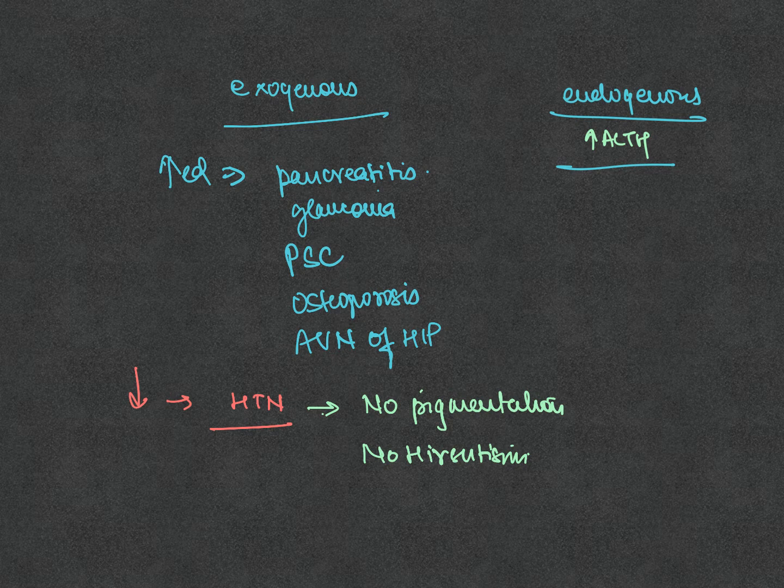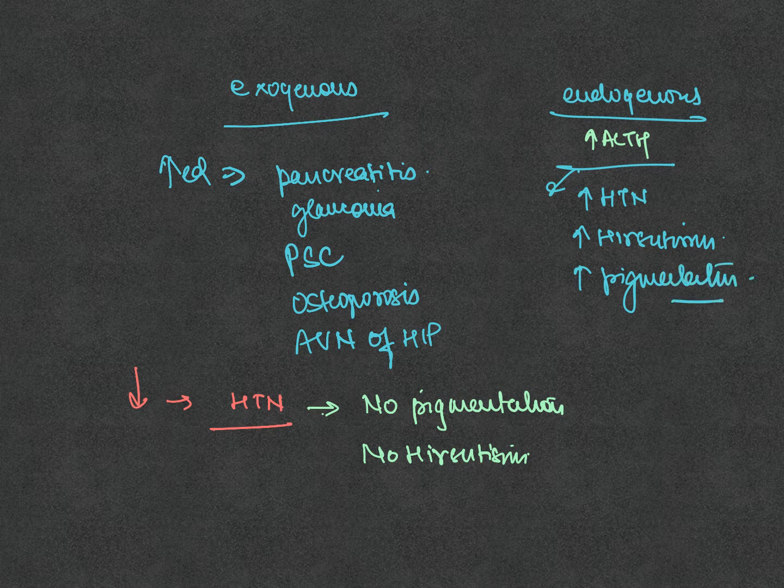So because of more ACTH, there is going to be more hypertension, more hirsutism, and more pigmentation. So these are the differentiating points. One, hypertension is going to get reduced in exogenous while increased here. There is going to be no pigmentation, no hirsutism in exogenous, while hirsutism as well as pigmentation are going to be features of endogenous Cushing's.